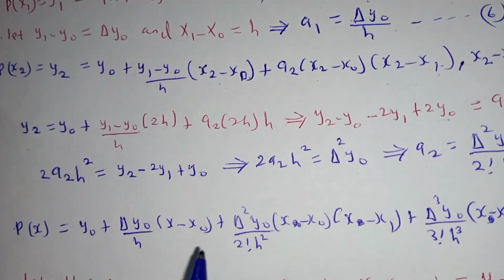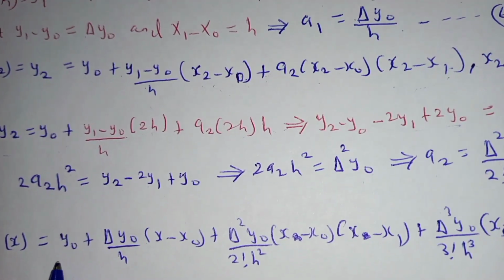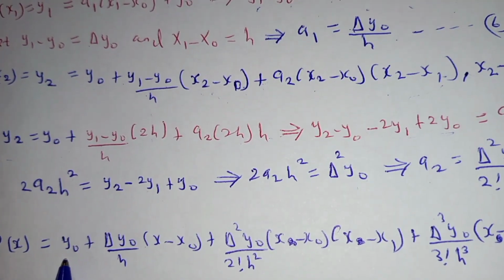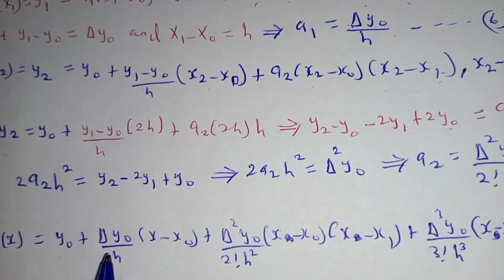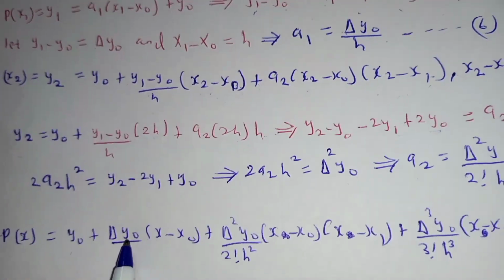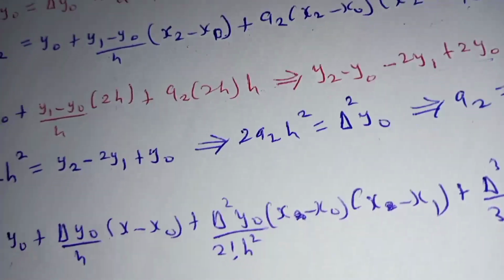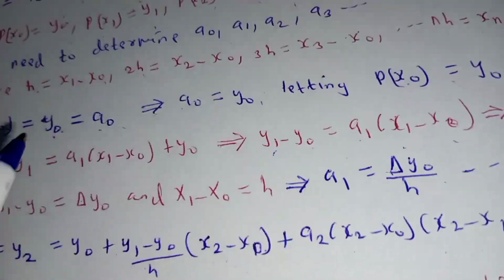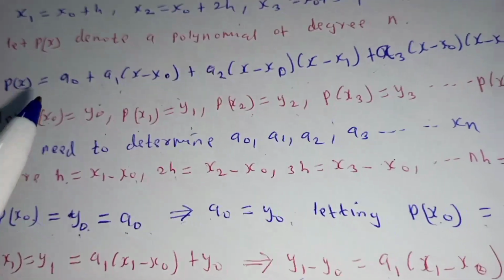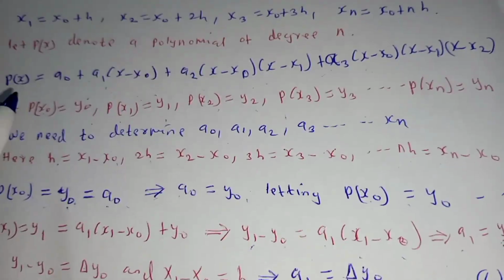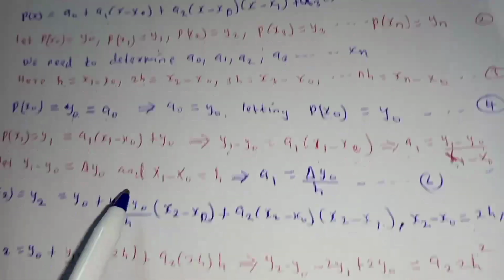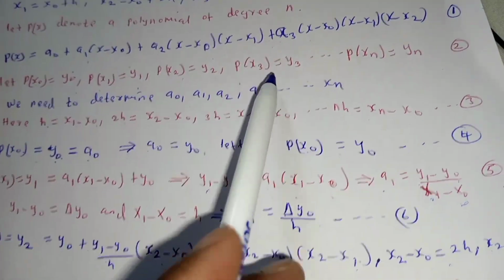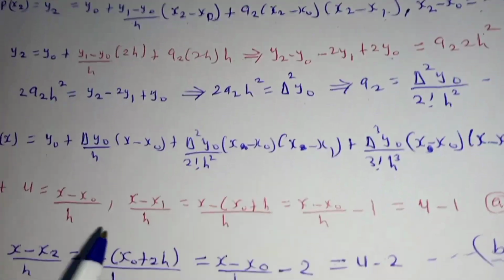So what we are going to do now is substitute our values of a1, which is the first forward difference of y0 over h, and our value of a2, which is equal to this one. From the given polynomial, which I'm calling equation 1, substituting the values of a0, a1, a2, a3, we are going to obtain this equation here.